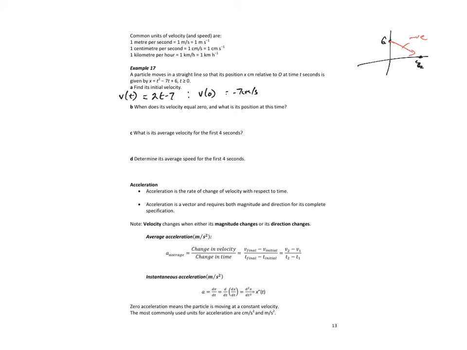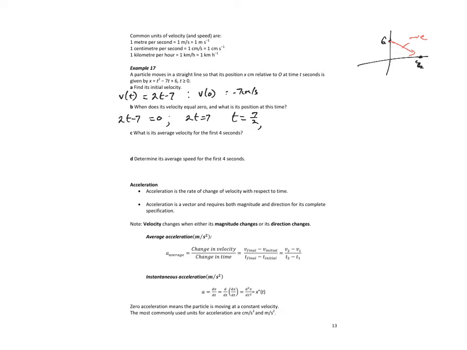When does the velocity equal 0? So velocity equal to 0, we can obviously solve that equation equal to 0. 2t minus 7 is equal to 0. 2t is equal to 7. t is equal to 7 on 2. And where am I when that happens?